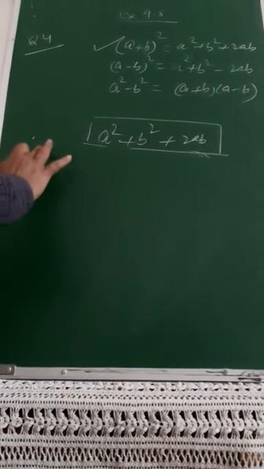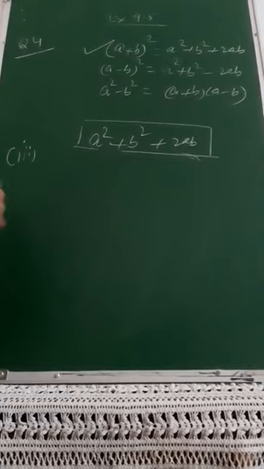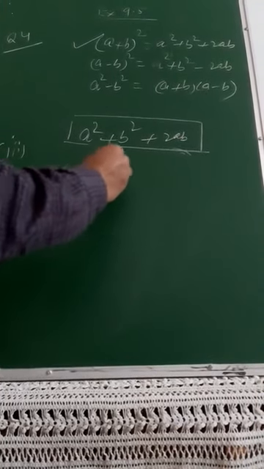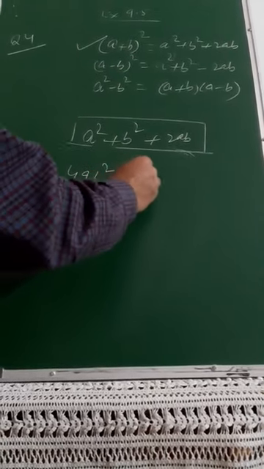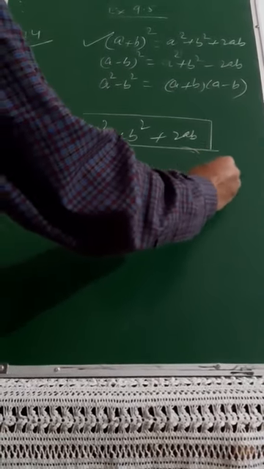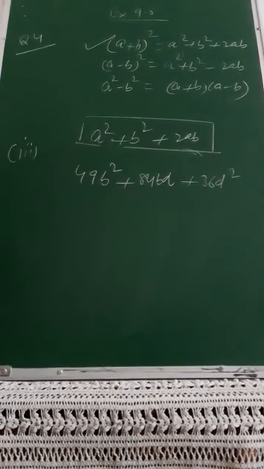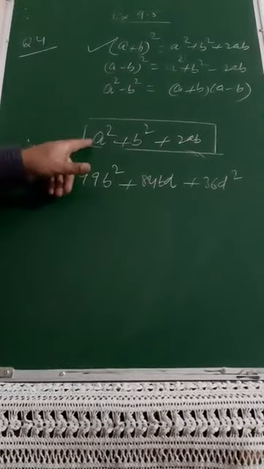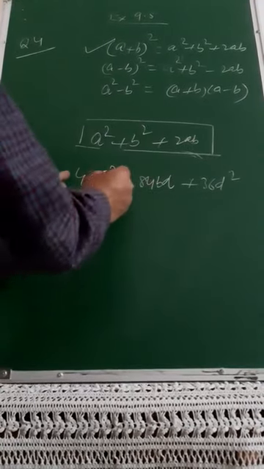In the third part it is 49b square, then 84bd, then 36d square. Again you see this third part is also based upon a square plus b square plus 2ab, because this is the a square, this is the b square, and this is 2ab.